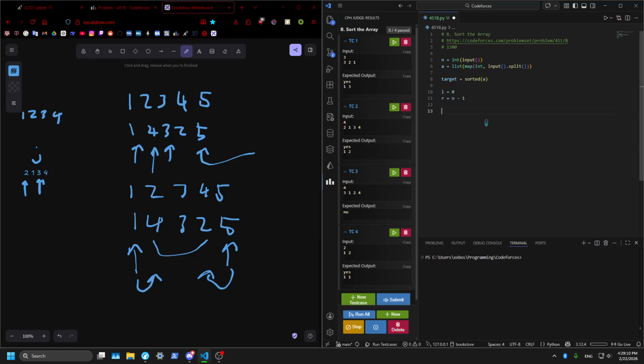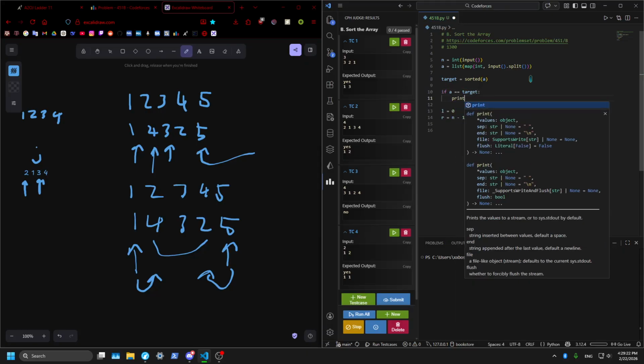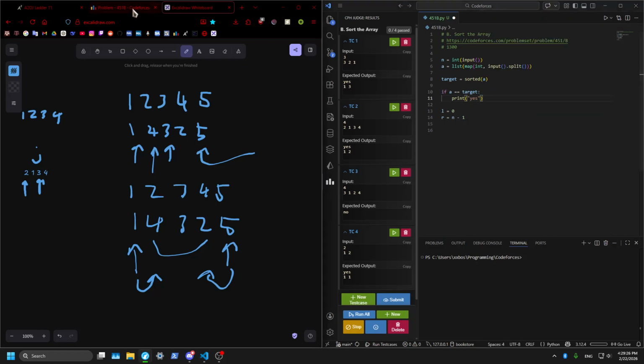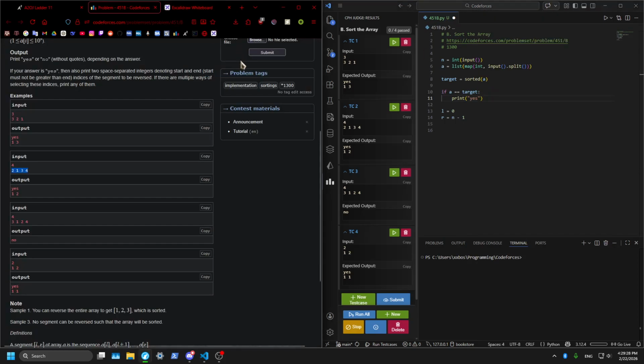If they're all in order, right, we can first do if a equals target, then we print yes. Is it lowercase or? That's weird. Some of them want capitalized, this one wants lowercase.